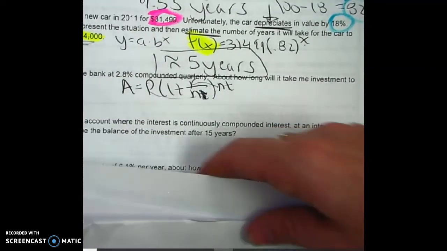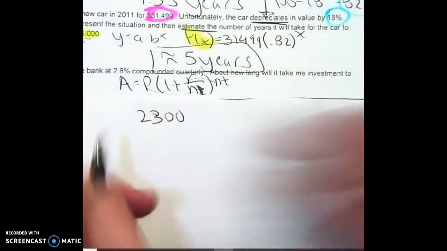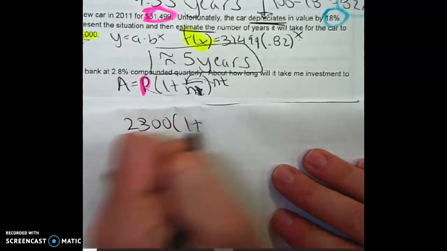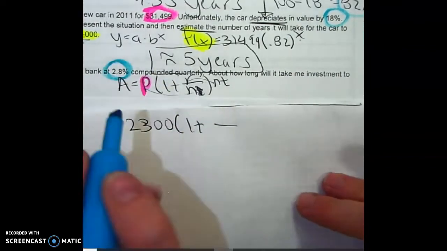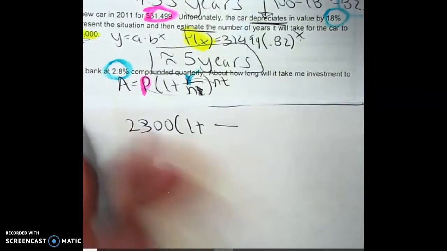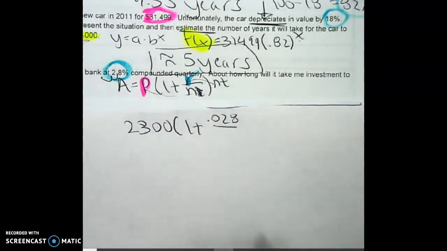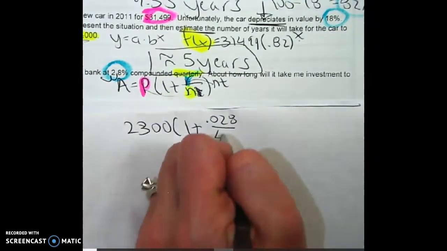So now I'm actually going to do this problem, and I'll write 2,300 because that's my principal. Parentheses 1 plus my rate, which is 2.8%, but I need to move the decimal 2 times to the left: 0.028. It says quarterly. Quarterly means it's going to happen 4 times in 1 year.